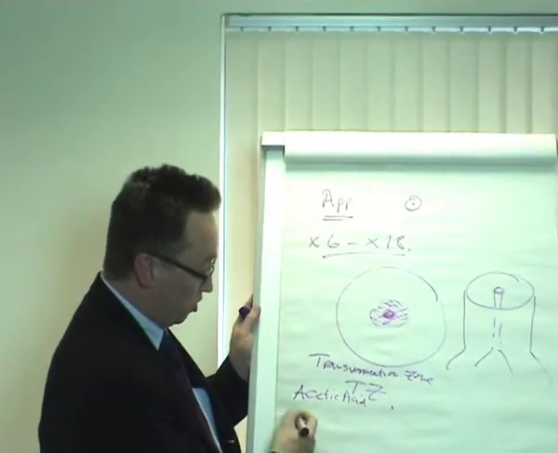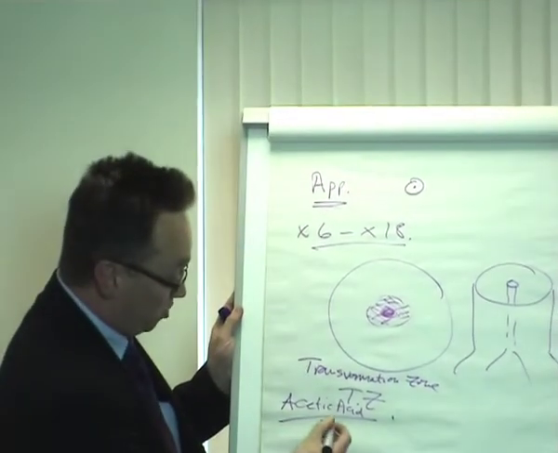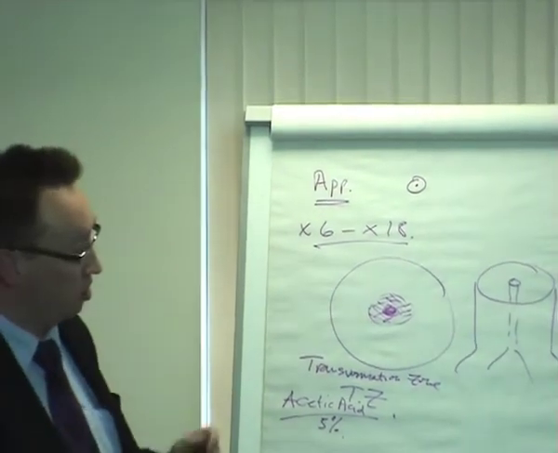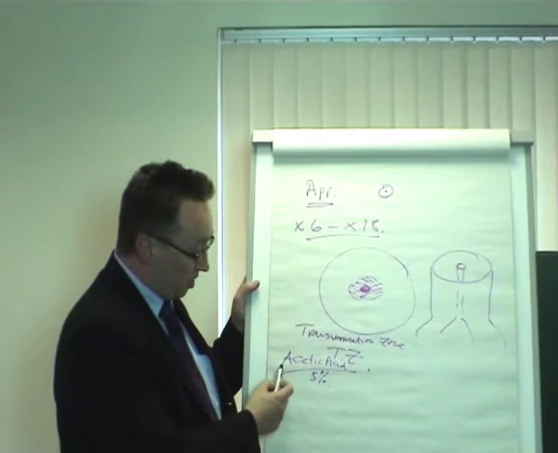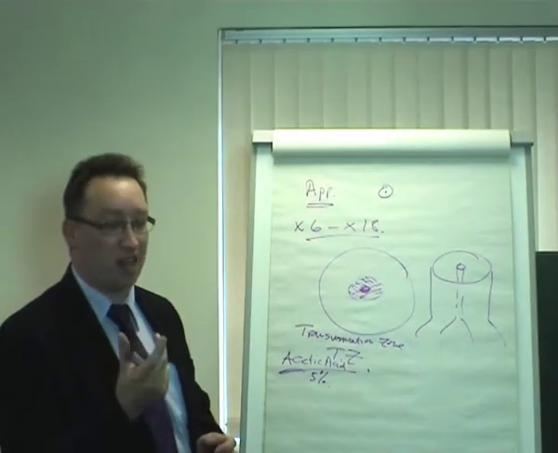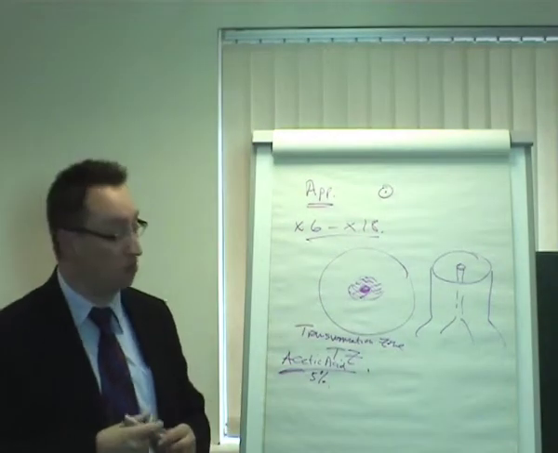Acetic acid, what's the common name? Vinegar. Vinegar, but it's 5% vinegar, so it's a very weak vinegar type solution. And what acetic acid does is it attaches chemically to the abnormal cells on the cervix, and makes them go white.